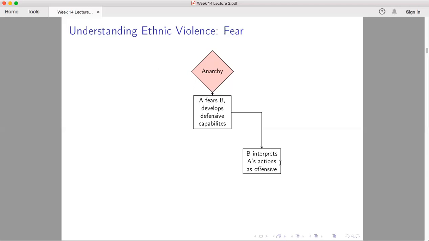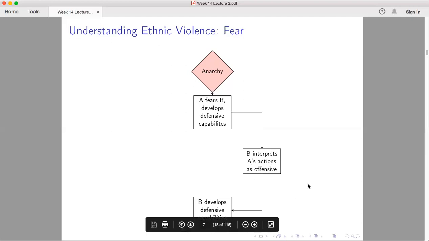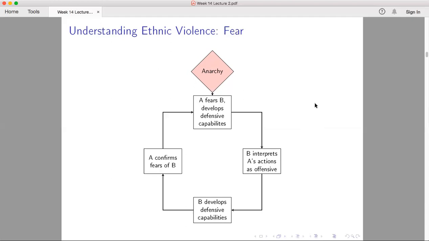That, oh my gosh, they're buying up all of these weapons. They're doing it so that they will be able to attack us in the future. When that happens, B will then develop its own defensive capabilities, right? It's going to try and buy guns of its own in order to defend itself against any possible attack from A. That confirms A's fears of B, and leads it to develop more defensive capabilities, right?